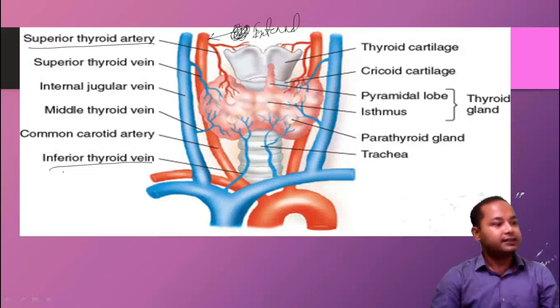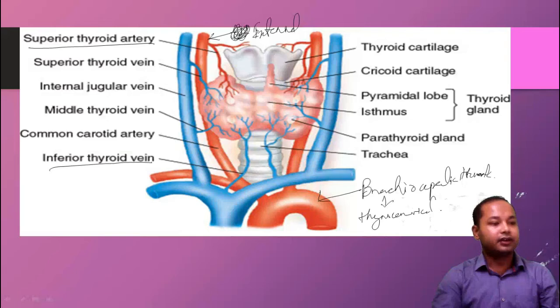The next is the inferior thyroid artery. I have marked the vein, but where is the artery? They have not marked the inferior thyroid artery. It comes from the brachiocephalic trunk or the subclavian artery; on the right side, the right brachiocephalic trunk.